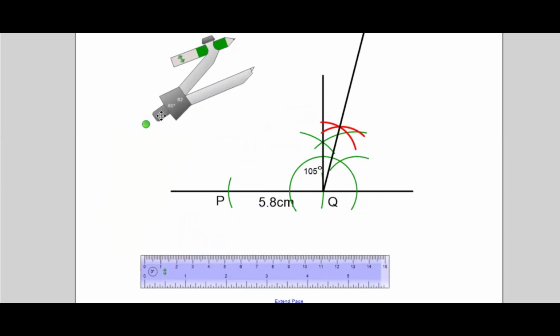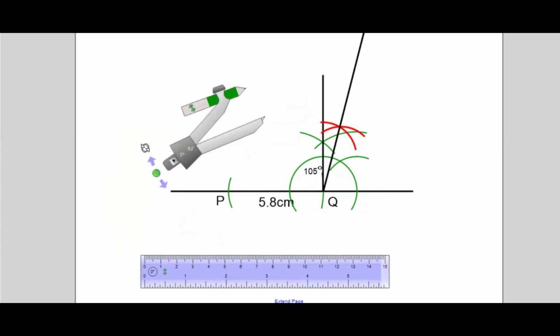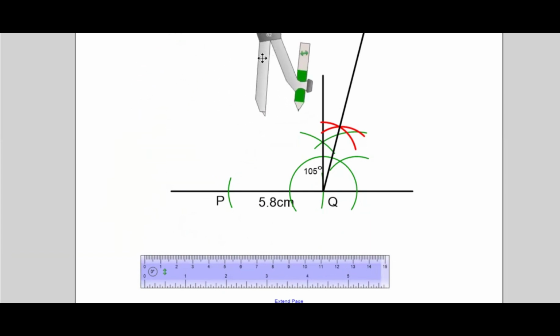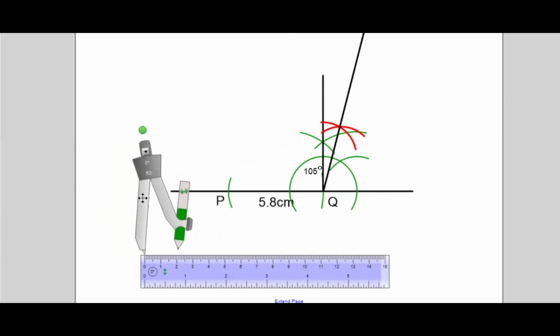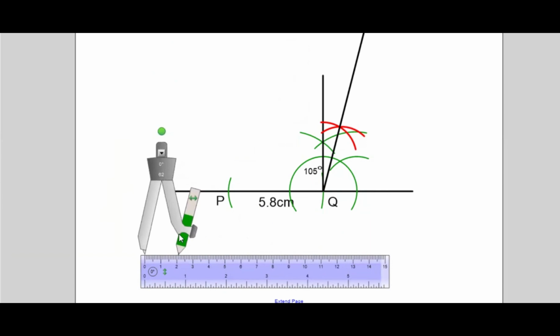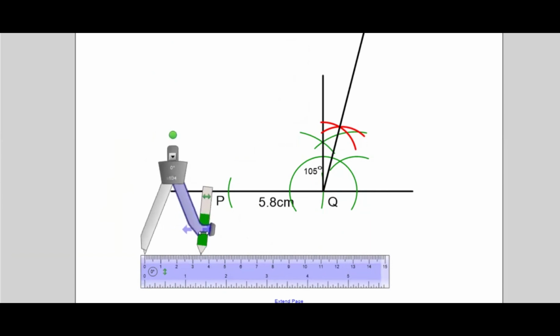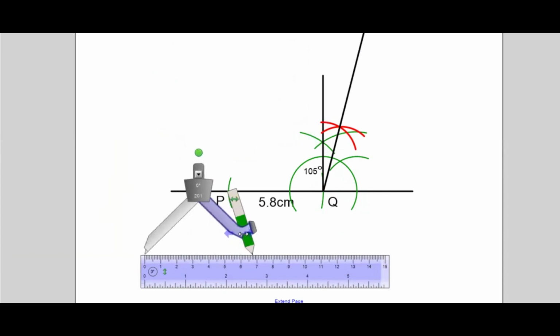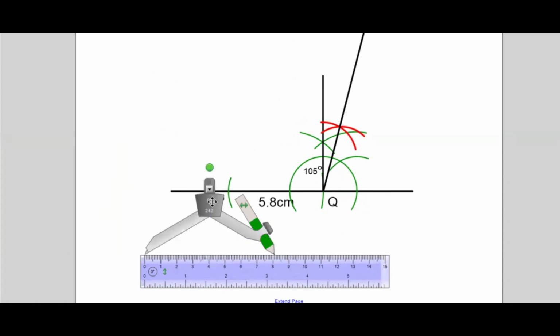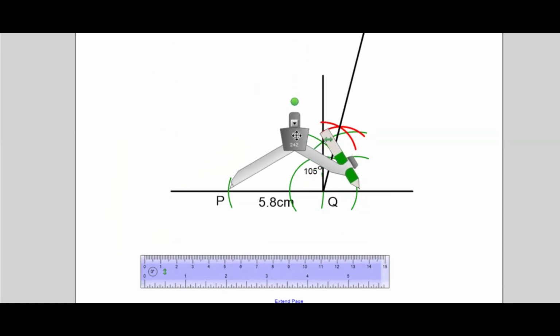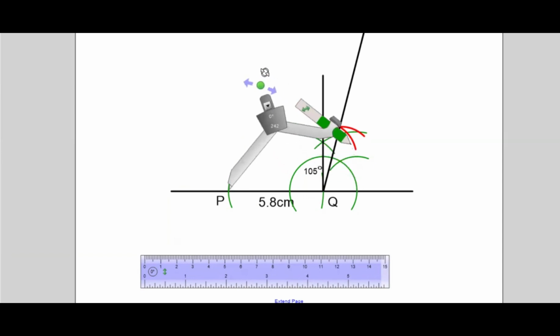bring our compass to the ruler and measure 8.1, that is PR. P to R, 8.1. Okay, so come back here.